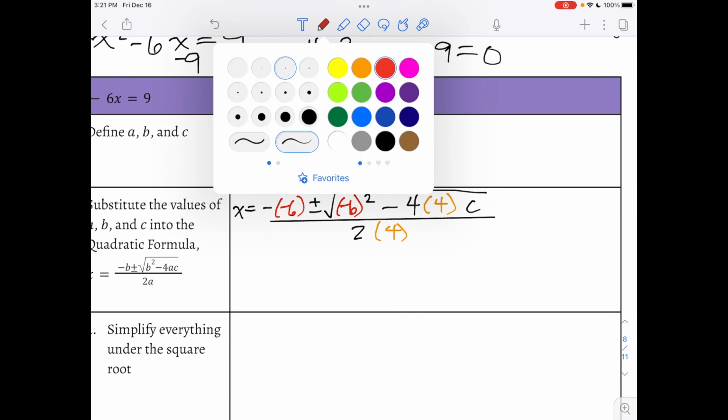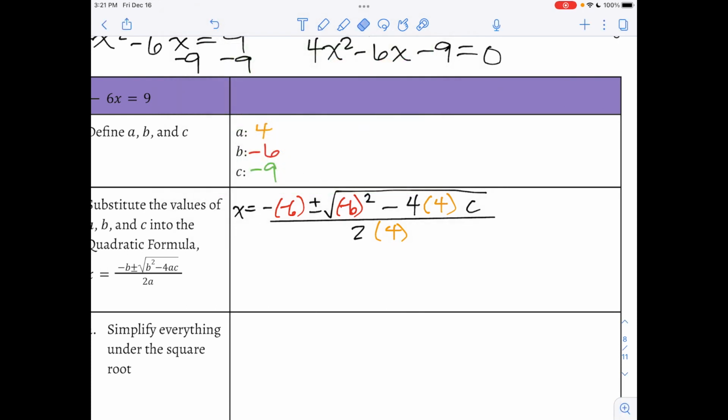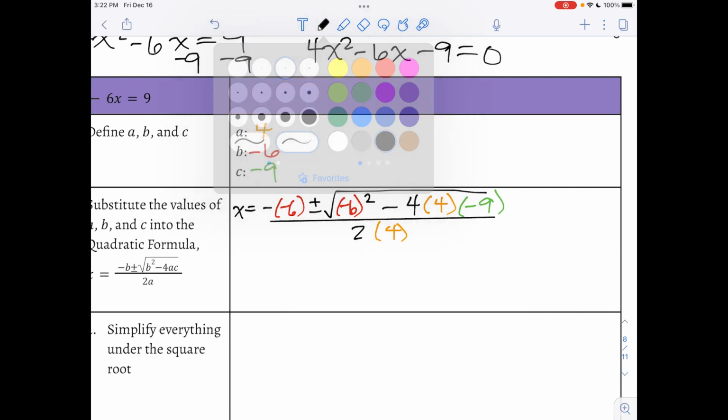And my only c is negative 9. All right, let's start simplifying things.